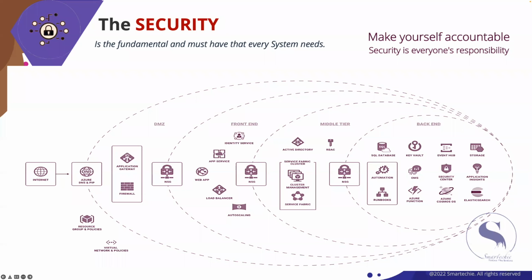If this is the whole system design landscape, and this is the whole infrastructure we have, then when any user tries to access the system through the internet, it comes first to the DNS, and security is applied over here, right? Then it tries to connect to the gateway, and there is security applied.